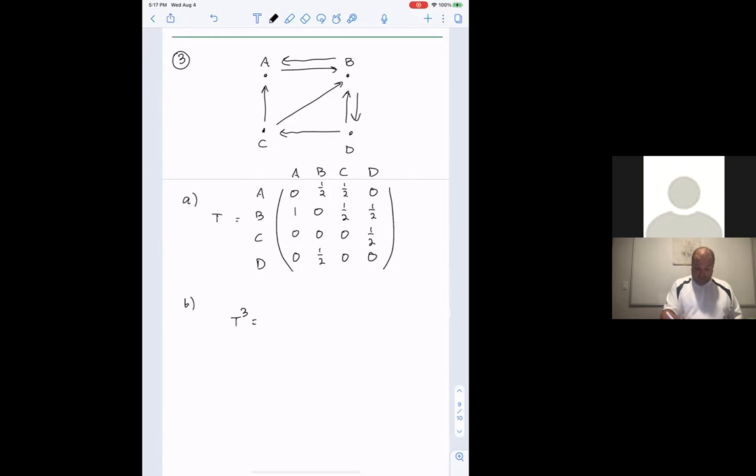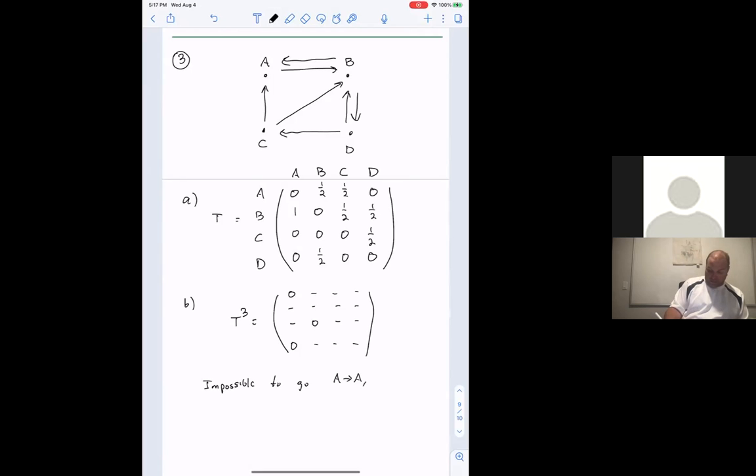So T cubed equals 0, non-zero, non-zero, 0. I'm putting these dashes to indicate that I really don't care about them, but I have 3 zeros. So impossible to go A to A to D, or B to C in 3 links.